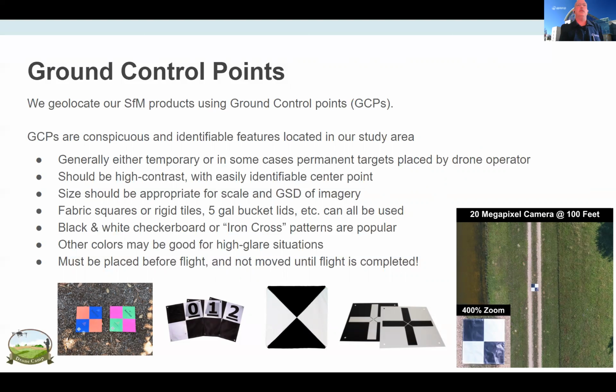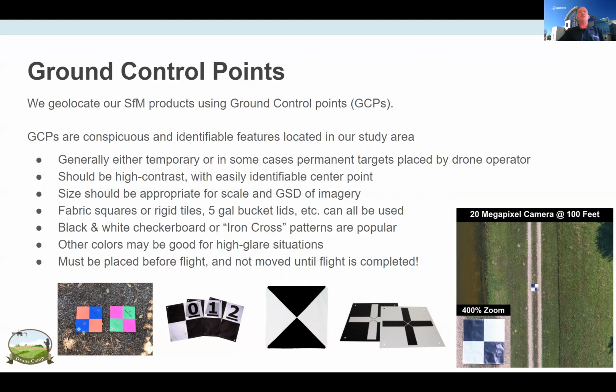They can be permanent, but usually people put out temporary targets that the aircraft is going to be able to see. They need to be visible. They need to stand out from the background, high contrast, and they need to have an easily identifiable center point. That's the point for which we're going to get a good GPS position, and that's what we're going to tell the software. We're going to tell it this position is these exact coordinates.